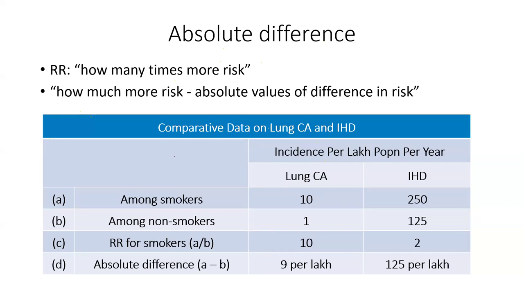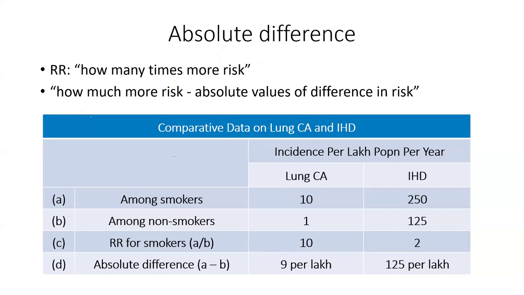You go a step ahead and you calculate the absolute difference. What is absolute difference? It is the incidence in the exposed minus the incidence in the unexposed. And what do you see here? The absolute difference, that is how much more risk in the smokers there is for lung cancer, is 9 per lakh.